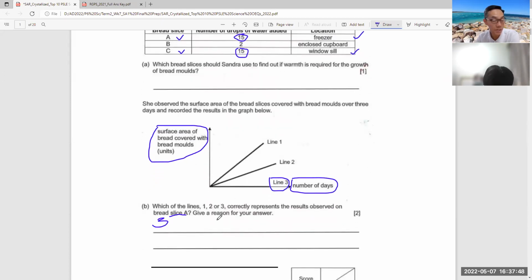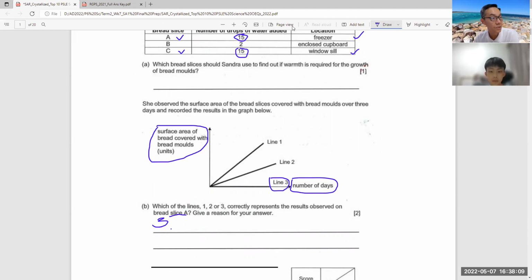So give the reason. You must state that for mold to grow, what are the 3 conditions? Warm, oxygen, and moisture. So in slice A, since it is in a freezer, warm is absent.